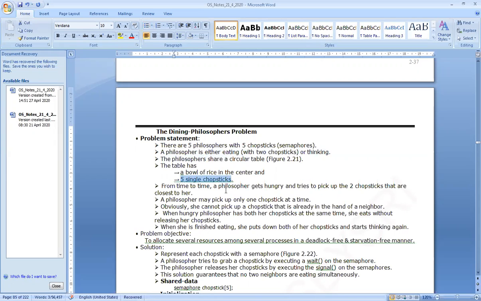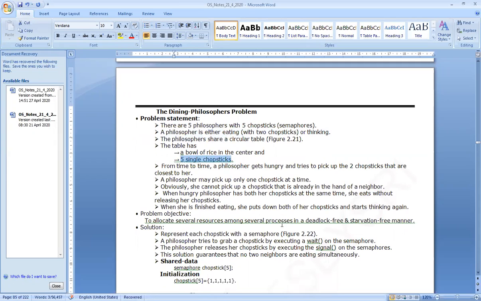From time to time, a philosopher gets hungry and tries to pick up the two chopsticks closest to her. A philosopher may pick up only one chopstick at a time. Obviously, she cannot pick up a chopstick that is already in the hand of a neighbor.